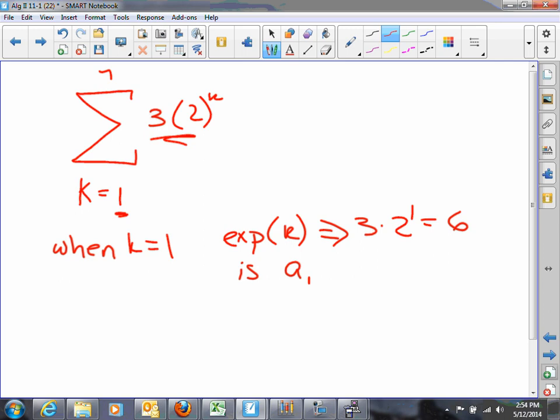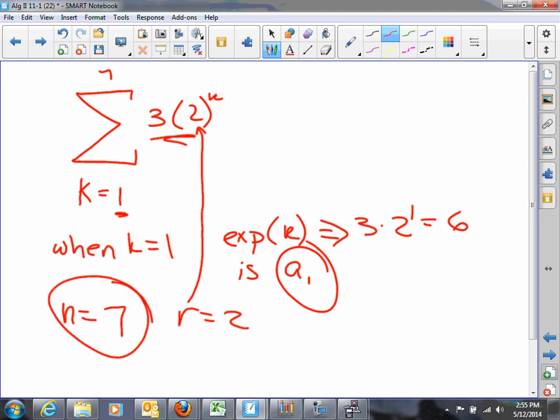Now, the n is equal to 7 in this particular case. K starts at 1, ends at 7, so it's 1, 2, 3, 4, 5, 6, 7. Now, r is the base of the exponent. In this case, it's 2. R is the base of the exponential expression. So you can use the formula for the sum once you know a sub 1, n, and r.